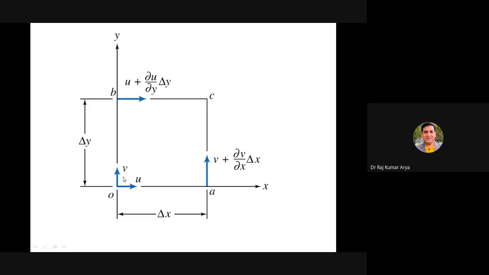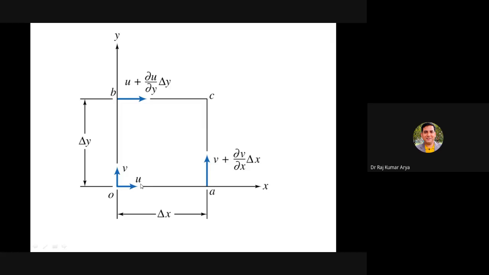Is this fine till here? Yes, sir. So you started from point O, moved to point A, then to point C, then B, then O. So you complete one circulation path.